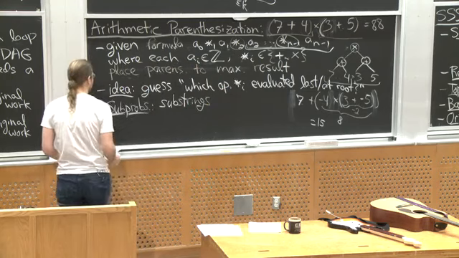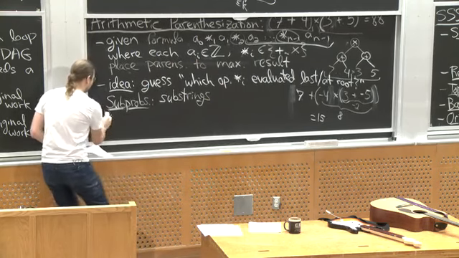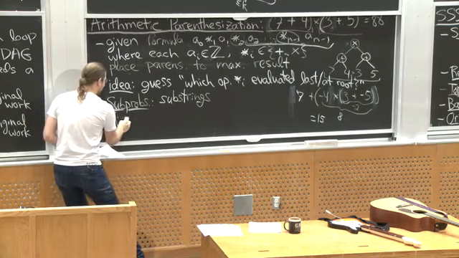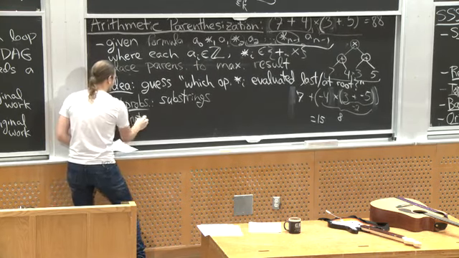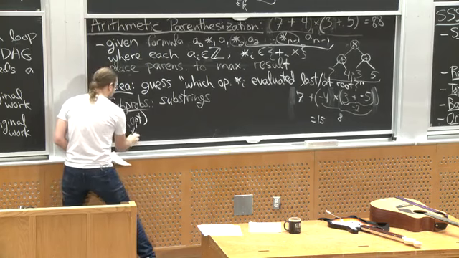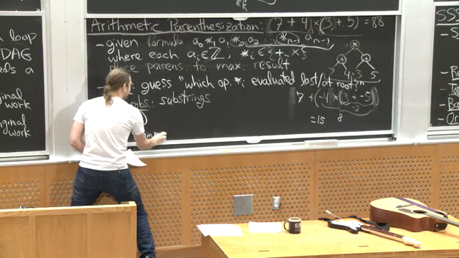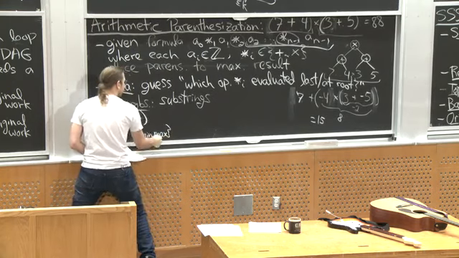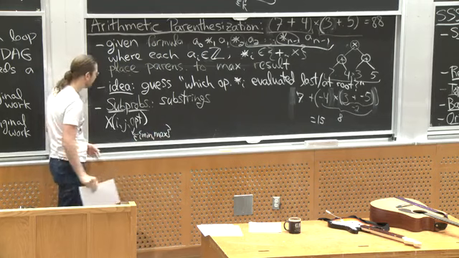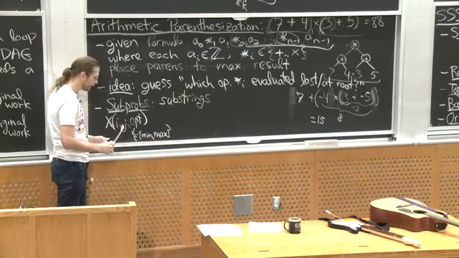So that was some motivation on why we are going to define subproblems this way. I'm going to define x of i, comma j, comma opt to be, where opt is going to be either min or max. This is my subproblem expansion. I really just care about max at the very end, but I'm going to care about min along the way. And i, j is going to specify my substring.